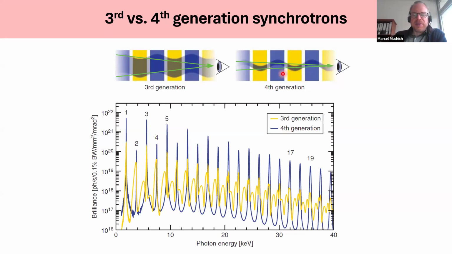So stronger magnetic field confinement, better design of the arrangement of the components to have very stiff confinement of the electron beam, and that leads to higher brilliance, like peak brilliance on the different orders, and so higher peak brilliance and sharper, spectrally more narrow emission peaks.